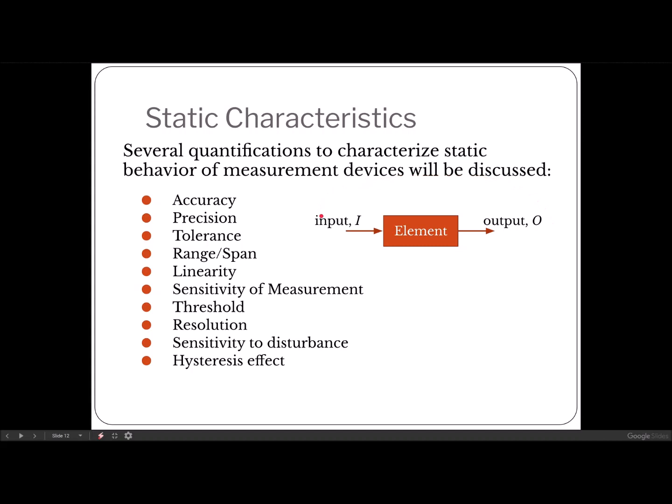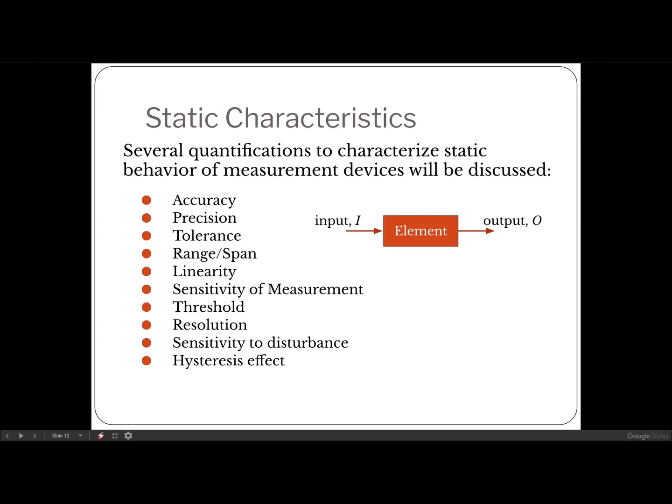So let's say it is about the body weighing scale. Input is your body weight when you step onto the weighing scale, and the output will be the position of the dial that indicates the weight of your body, right?